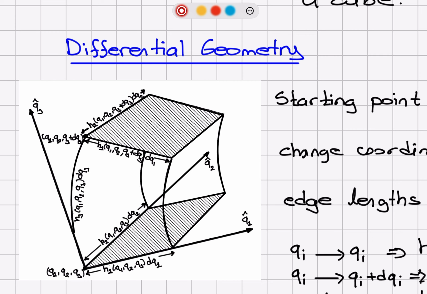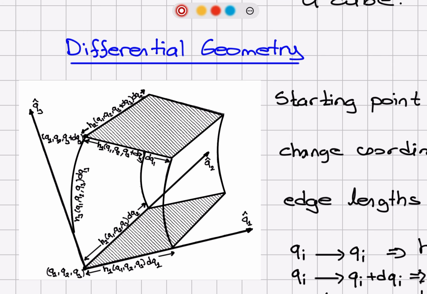For the coordinates q1, q2, q3, all of these edge lengths are calculated at the origin point. But if I go to the top surface, because now I'm at q3 plus dq3, the scale factor should be evaluated at that point.